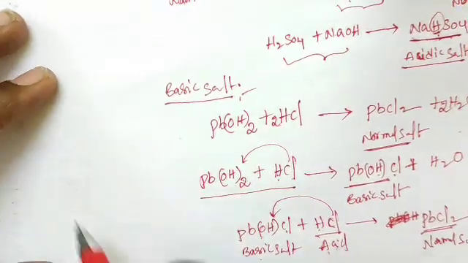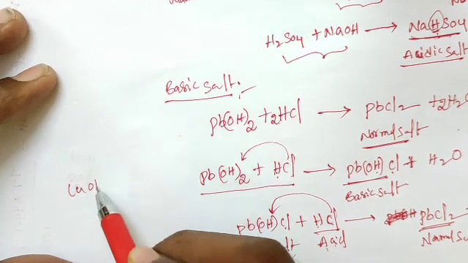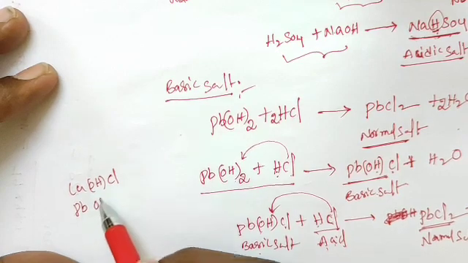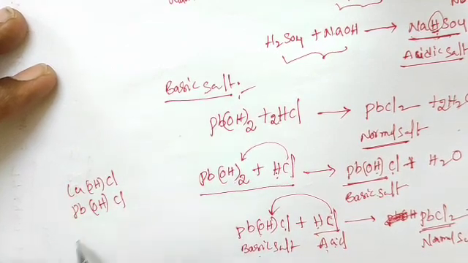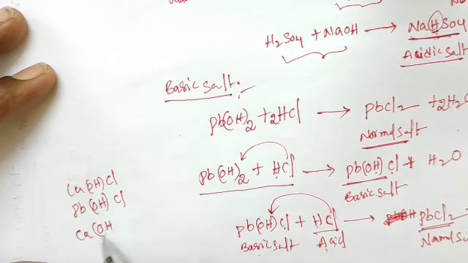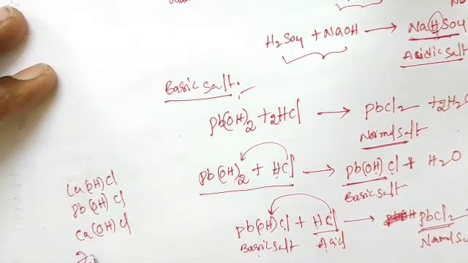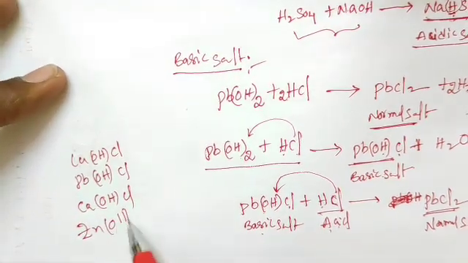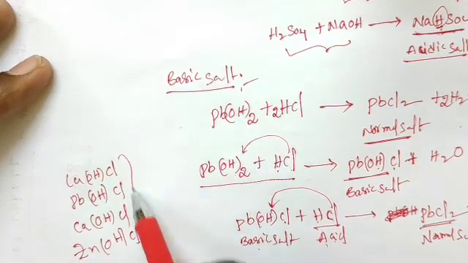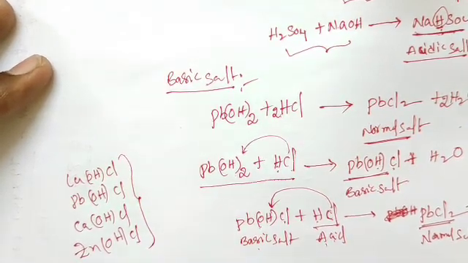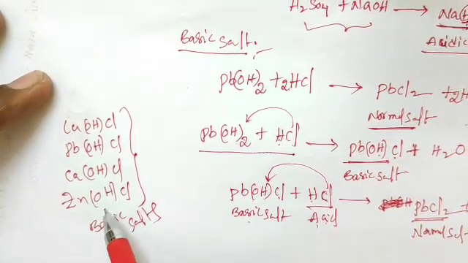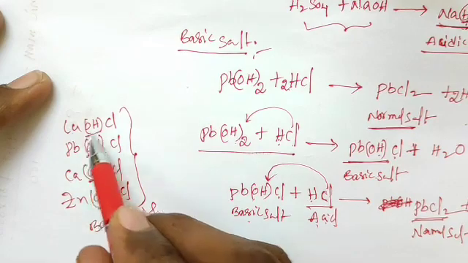If a compound is like Cu(OH)Cl, Pb(OH)Cl, Ca(OH)Cl, Zn(OH)Cl, or with some other element like Br, these all are basic salts because they have a replaceable hydroxide ion.